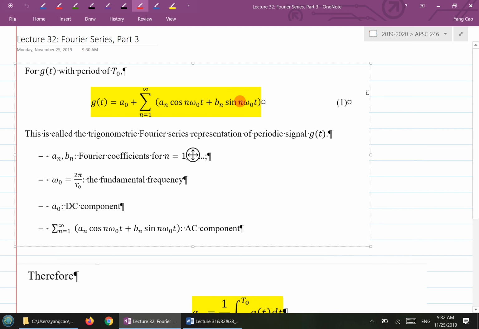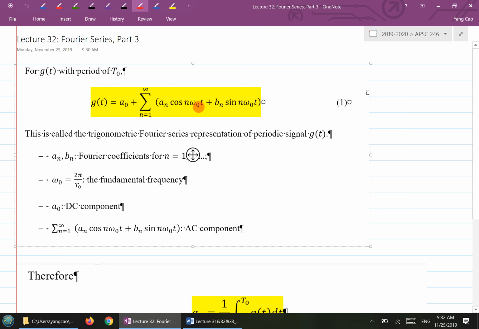Those cosine and sine terms are what we call the sinusoidal terms. Those sinusoidal terms depend on the periodic function. Then you can calculate the coefficients an and bn. If you notice, the sinusoidal terms all have omega naught in them.